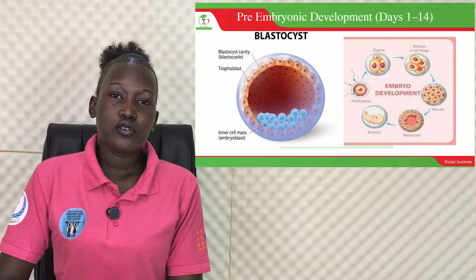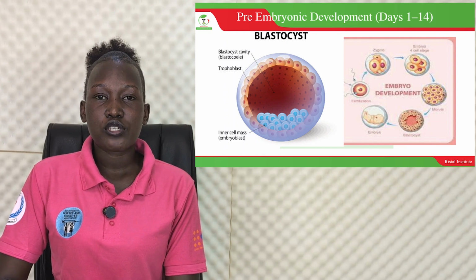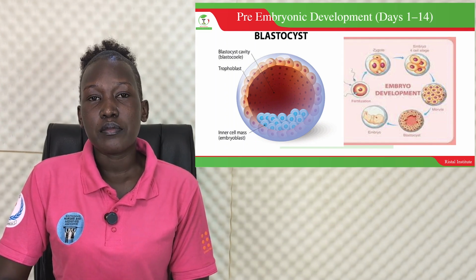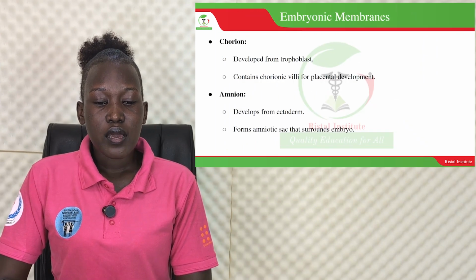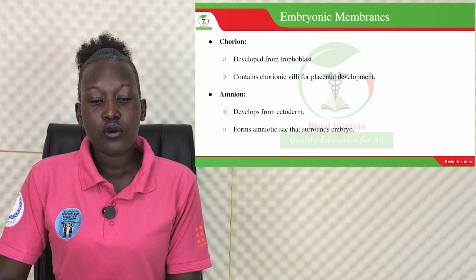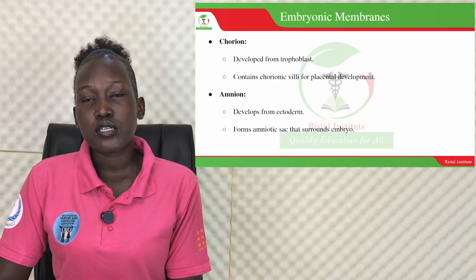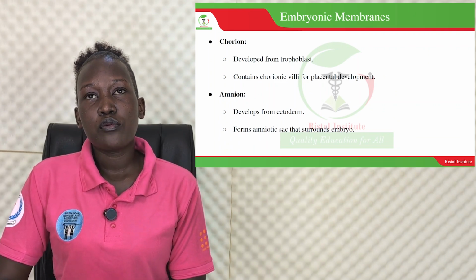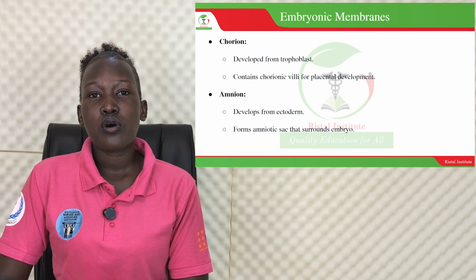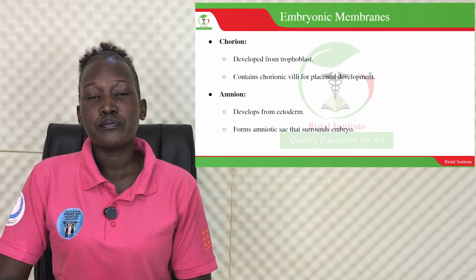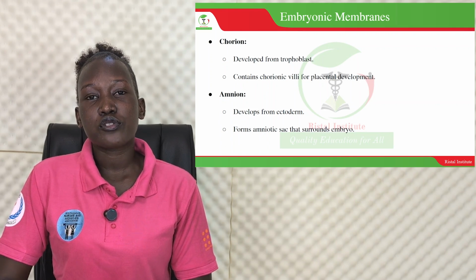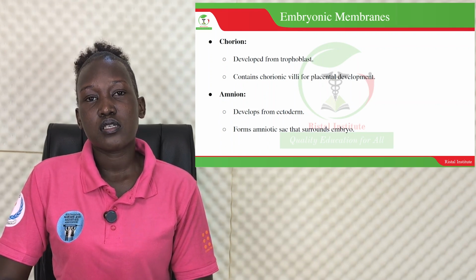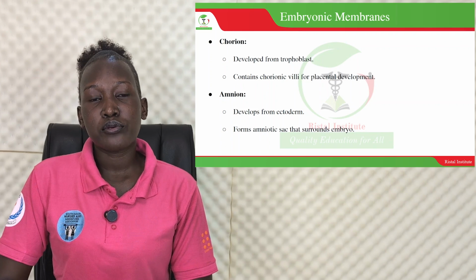And remember, the chorion is part of that finger-like projection which entered the endometrium. It contains chorionic villi for placental development. So there will be that finger-like projection to go and reach out to maternal veins, which will be in position to absorb nutrients from the maternal blood pool.